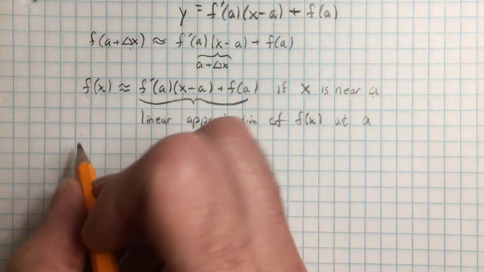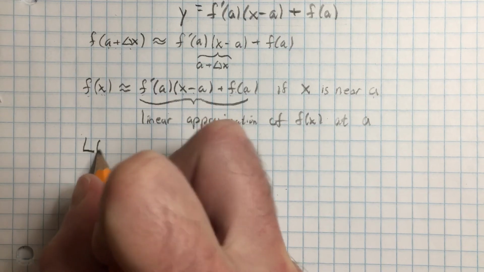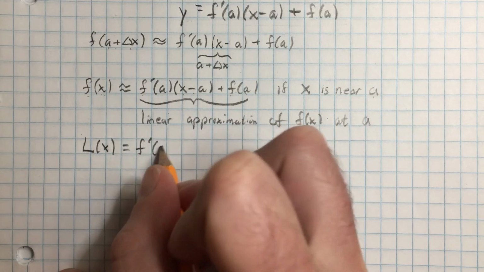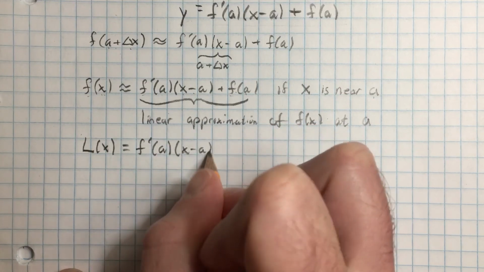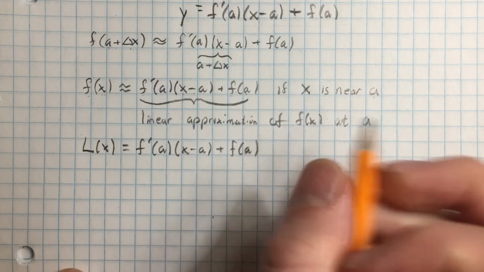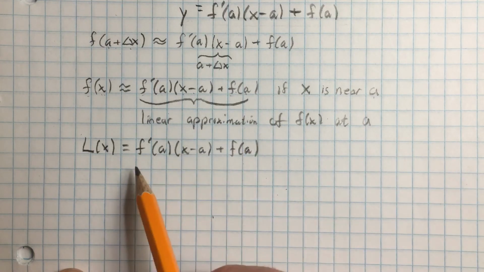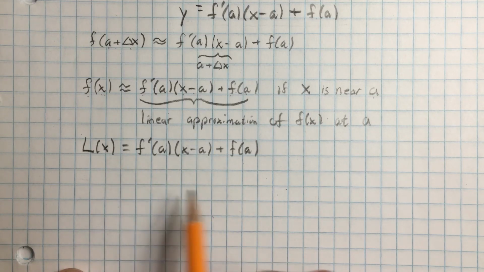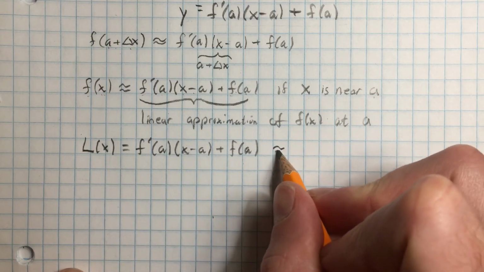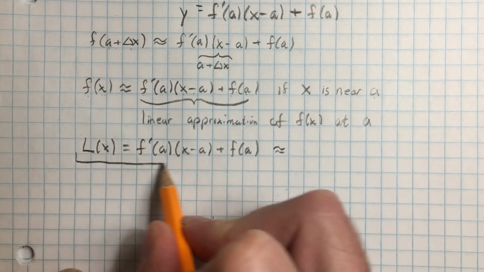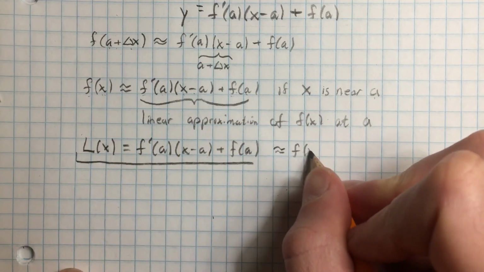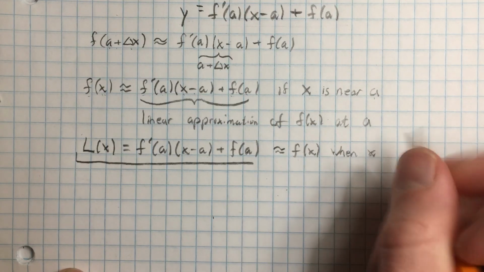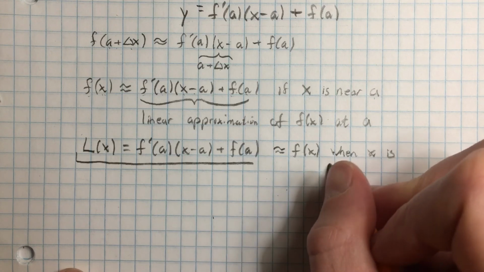They use L of x. L of x is just the tangent line. Okay. So there's a linear approximation. They also call it a linearization. There's different phrases for it. But ultimately, it is an approximation to the function when x is near a, as stated above.